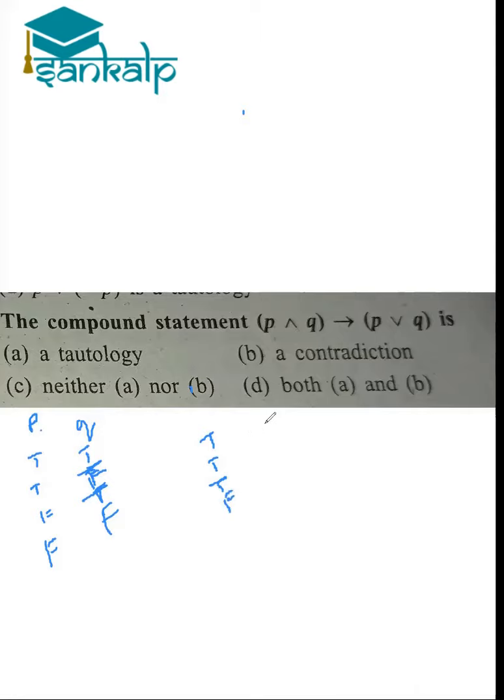And for P and Q, it is three times F and one is true. So when we apply implication, we get T everywhere. Okay, we get T everywhere. So option A is the right option. Option A gives us the right answer.